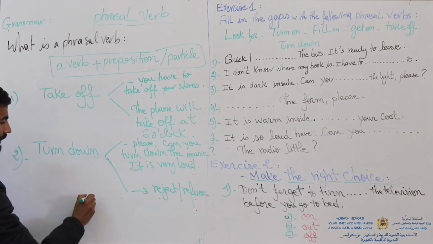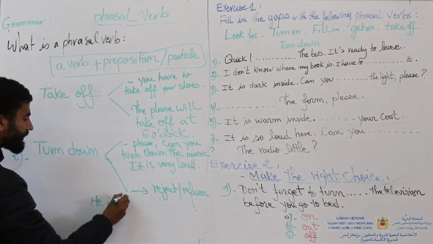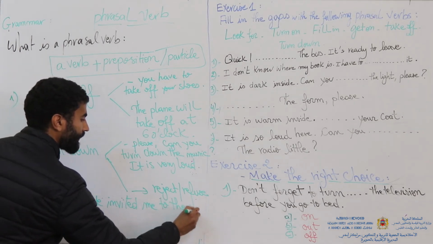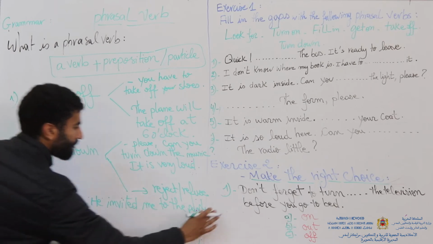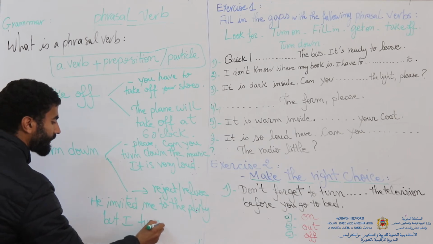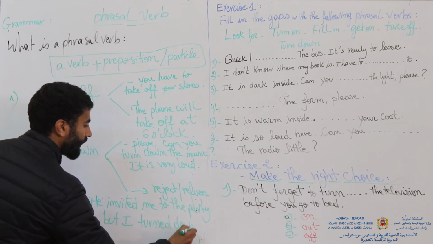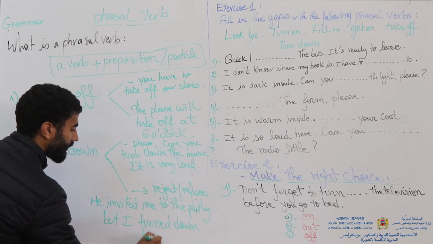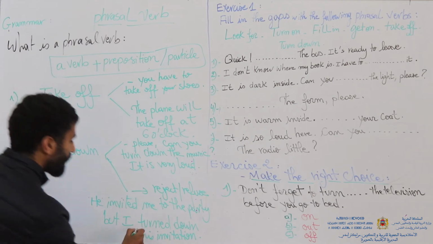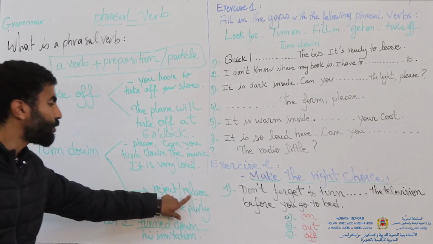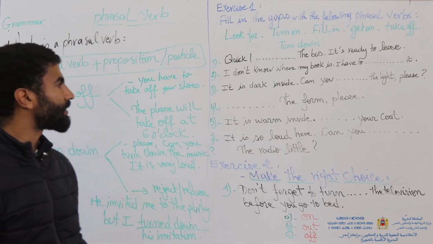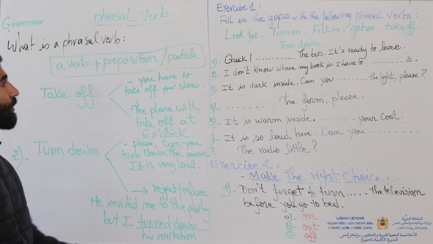For example, he invited me to the party, but I turned down his invitation. Turn down here means refuse the invitation. So it has two different meanings. Now let's move on to the practice.